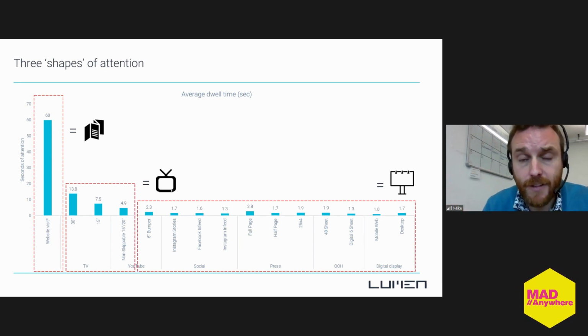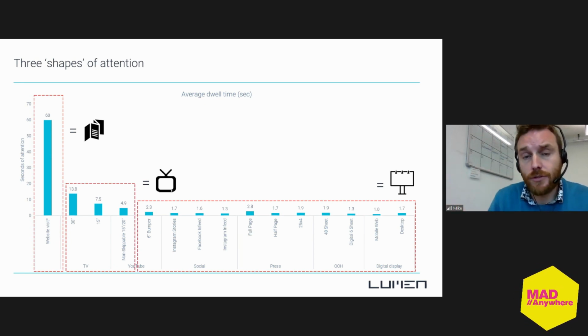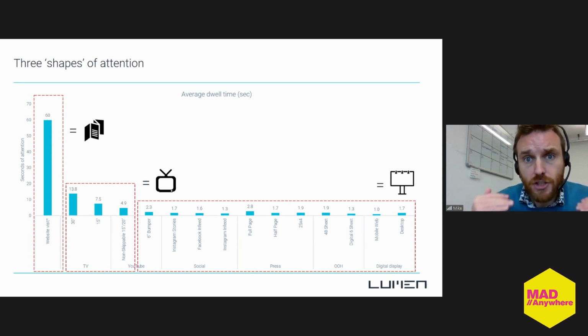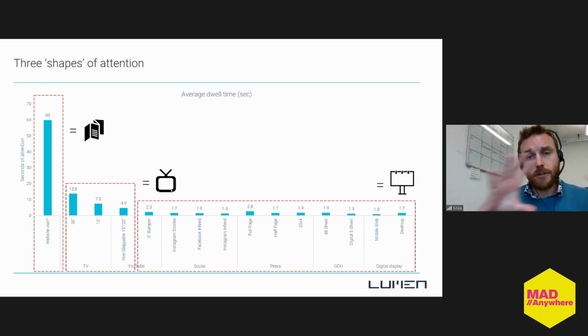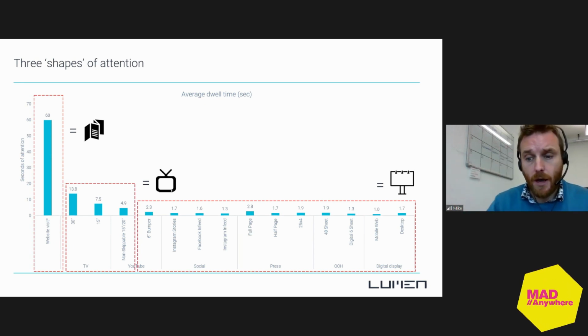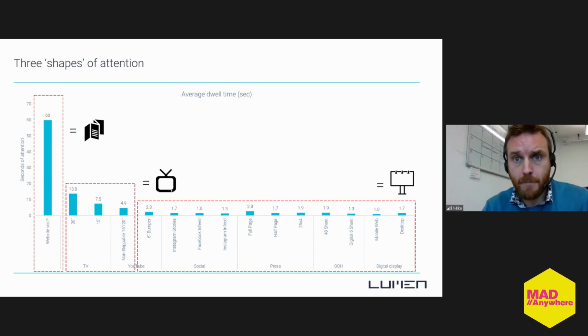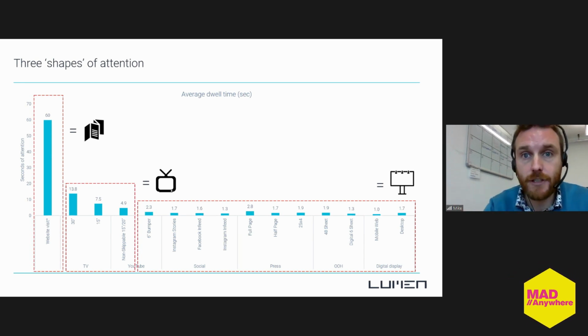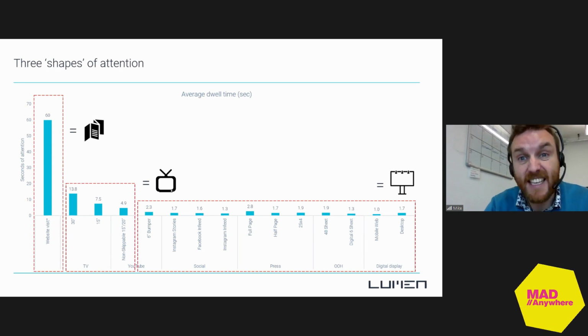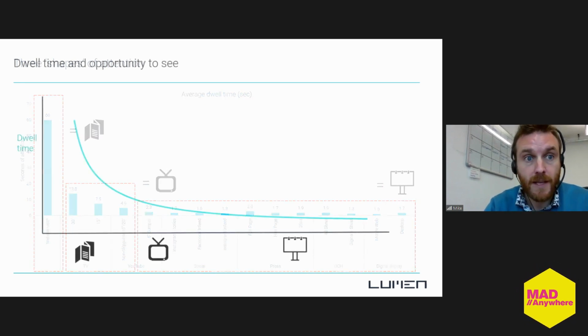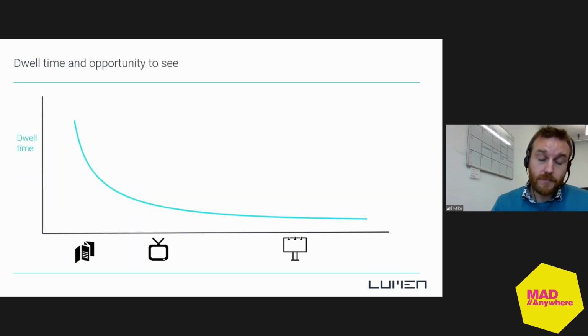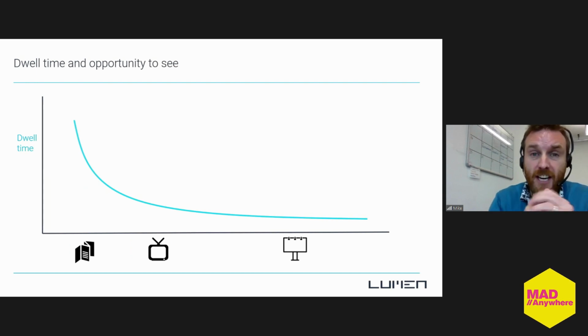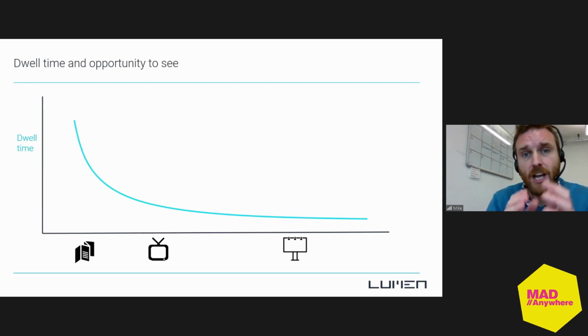Everything else that you can buy out there gets you between 1 and 2 or 3 seconds of attention. This is much closer to being like a poster. So you have these 3 shapes of attention: stuff that's like DM, stuff that's like TV, and everything else, including everything that the Facebook company sells, is like a poster.